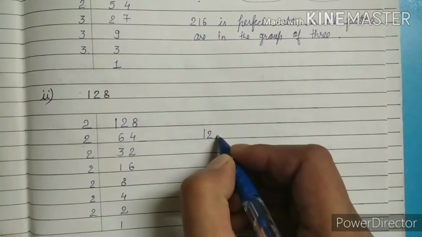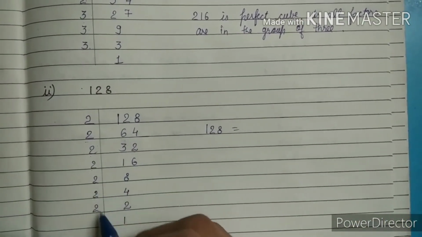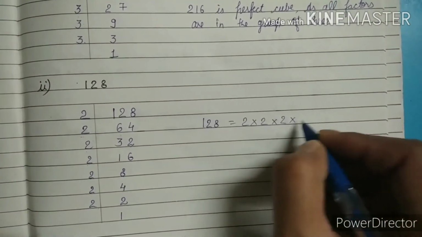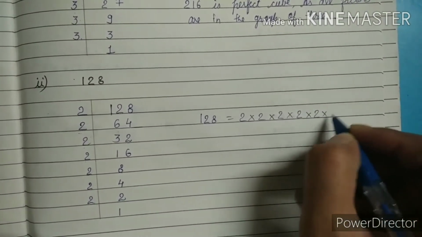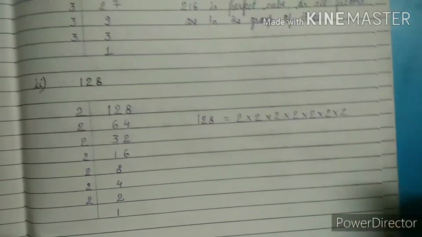Now the factors of 128 are 2 written 7 times, and we count them: 1 2 3 4 5 6 7.